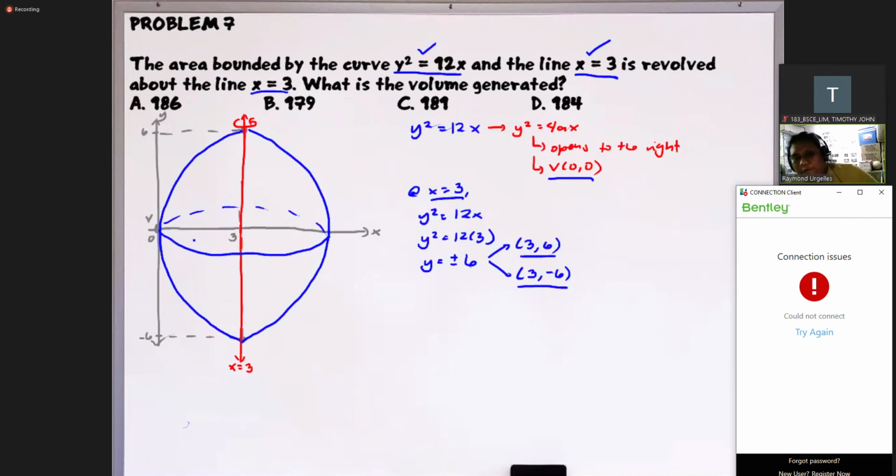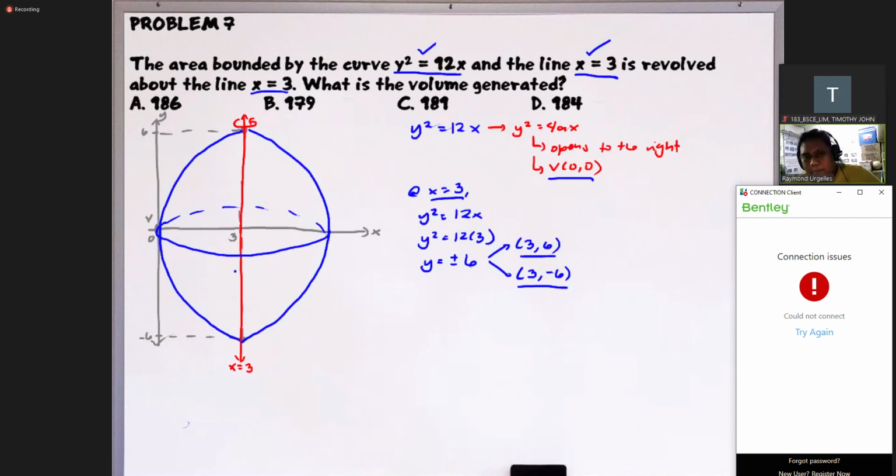It looks like a football, that's its shape. That is our volume, so let's try to solve this.